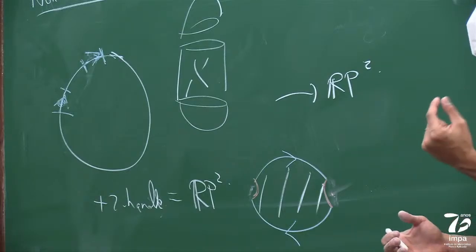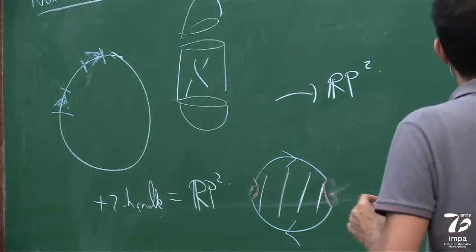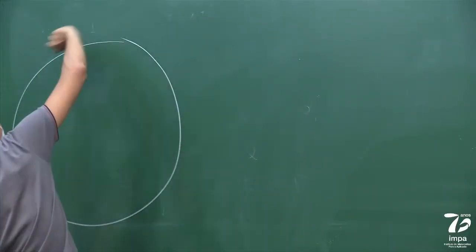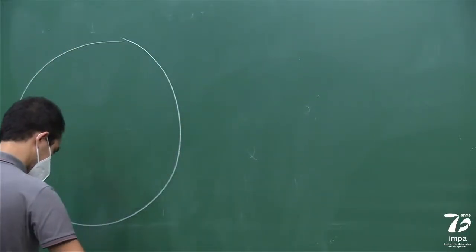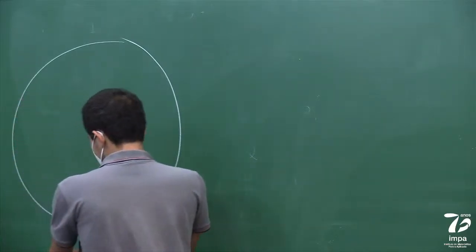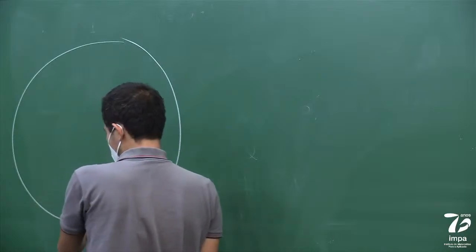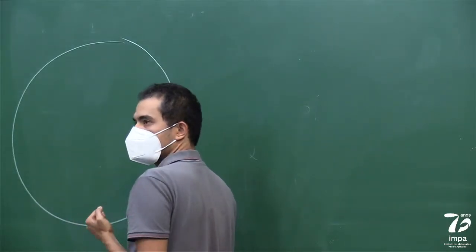But you can still talk about it locally, if you attach the handle in a way that's not intertwined. So, if you attach a handle here, and there's no other handle attachment here, no matter what happens here, you can still talk about whether this is orientable or not.